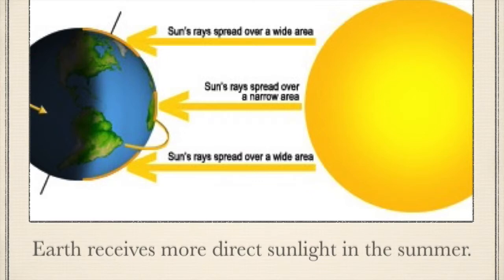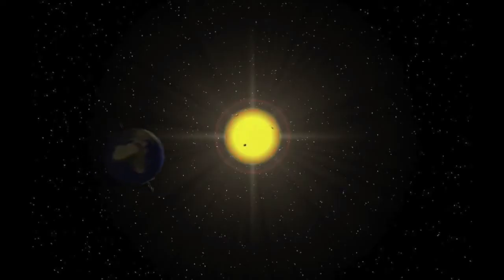In doing so, the rays of the sun are more intense than if it was spread out over a larger curved surface, which is what you see near the poles. And during the winter, the sun's rays are less intense over that larger surface.